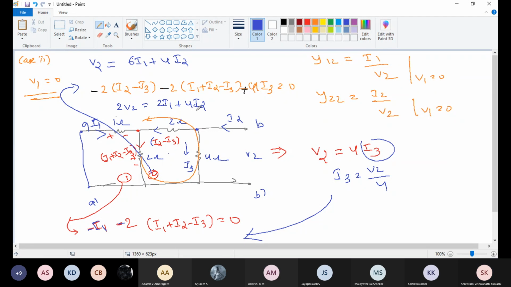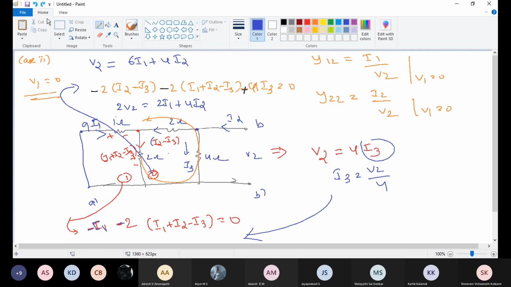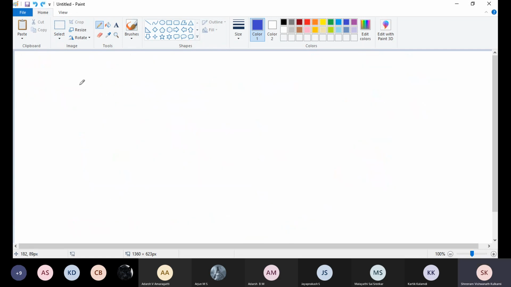Okay, now I got two equations in terms of V2. First one: V2 equals to 6I1 plus 4I2.